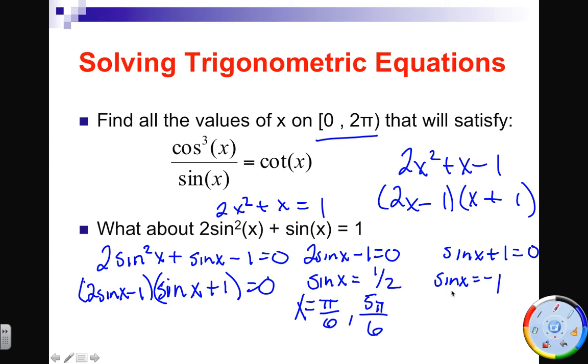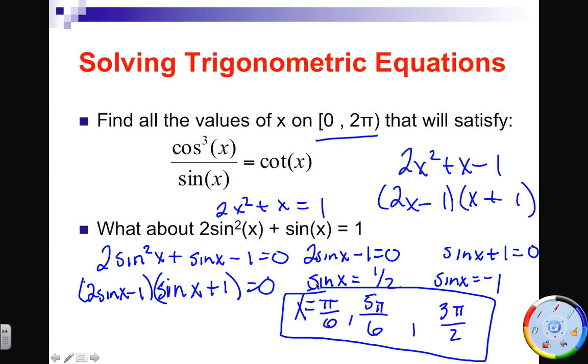And I know that sine of x is equal to negative 1 at 3 pi halves. See, there we go. We get 3 answers, which is kind of counterintuitive, I guess. You can't think because it's a quadratic, there's only 2 answers, because these are not quadratic type of functions. They're not linear functions. They are reciprocating functions. They are oscillating functions. We keep going back and forth to certain answers.